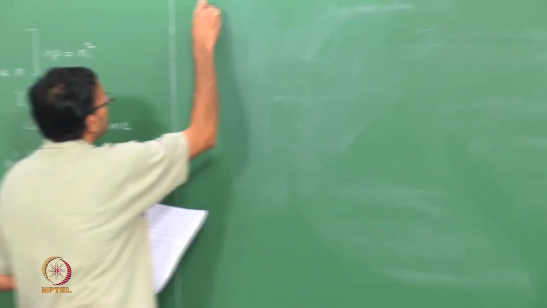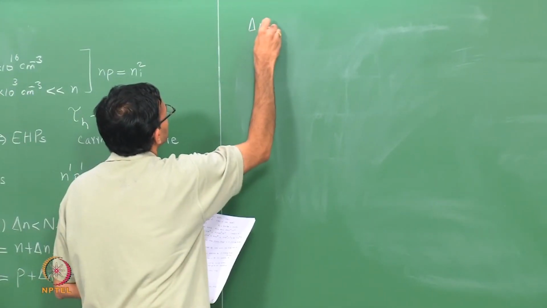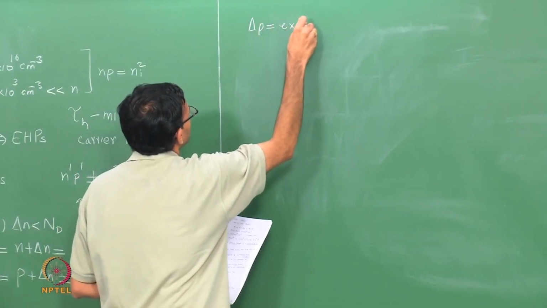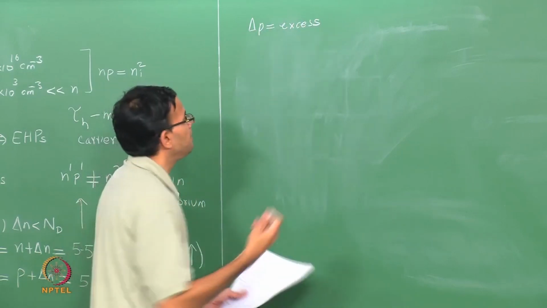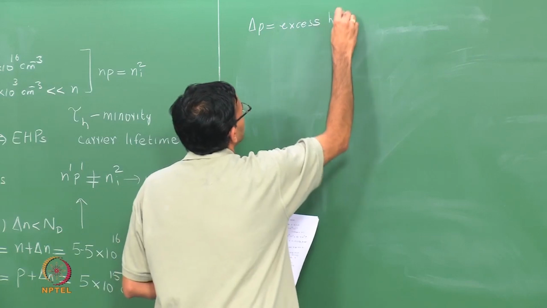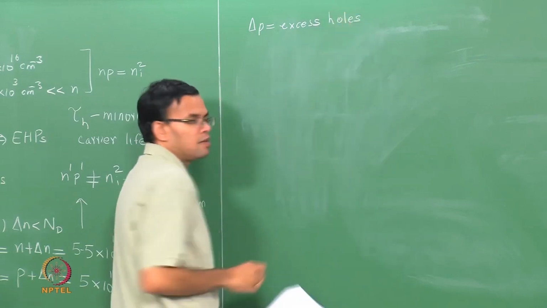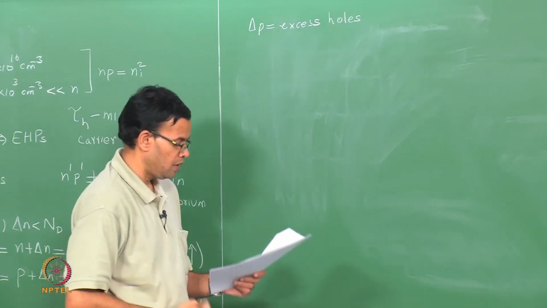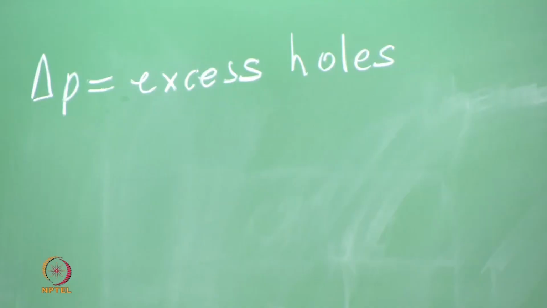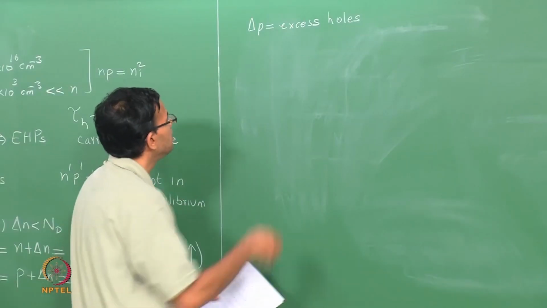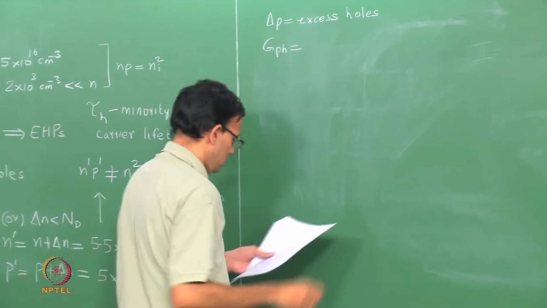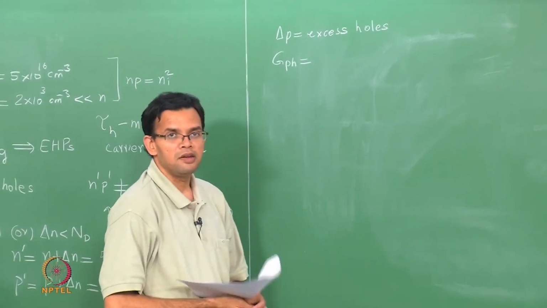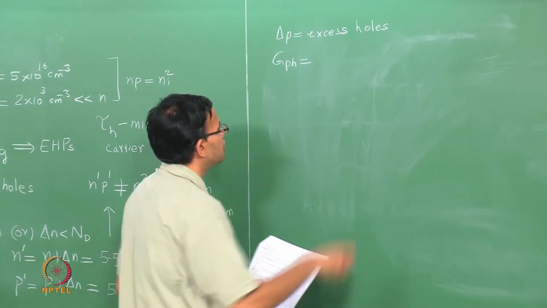So let delta p be the excess holes. We are still looking at an n type semiconductor, but if you are looking at a p type, then it will just be delta n. So let delta p be the excess holes that are created, and let Gph be the rate of generation of electron hole pairs.